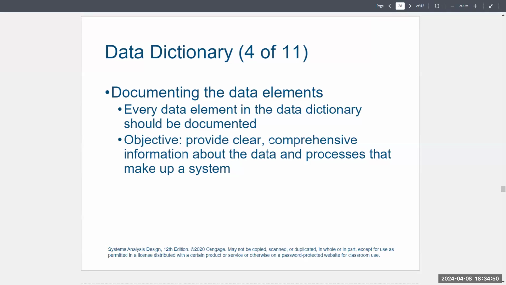So that can be documented as part of the process here. So the objective is what? Providing as much clear and concise information, right, about the process that's part of that system, right, that makes up that system.